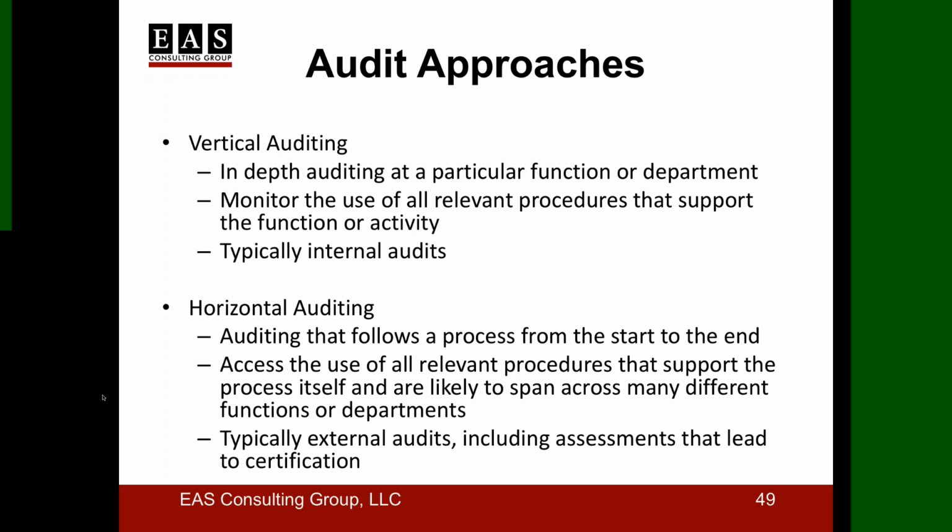So it's those different type of activities that you're going to interlink together. That's why I said it's a vertical type of audit for internal. The external audits are horizontal in that you're looking at process from the beginning to end, and it may or may not go across different type of functions or departments. So it's a slightly different type of audit approach.